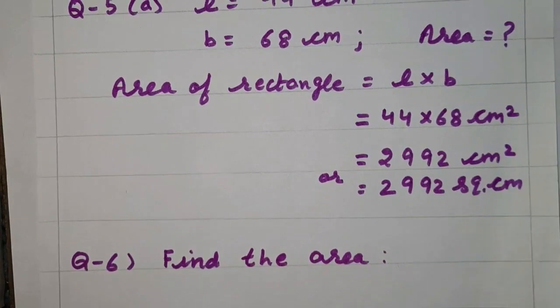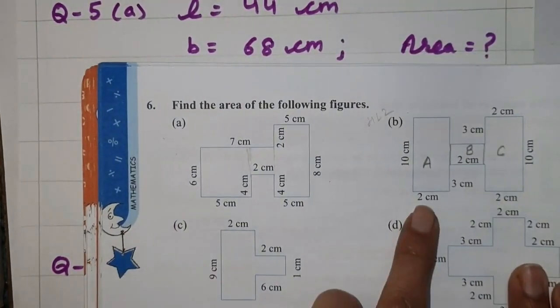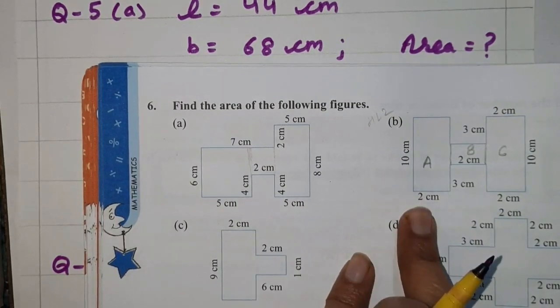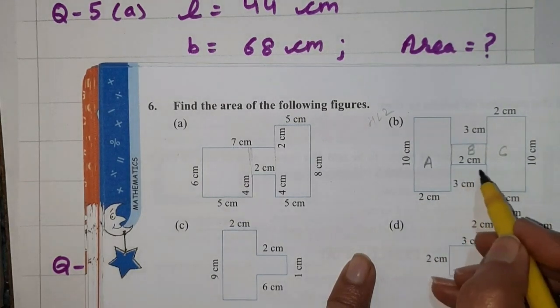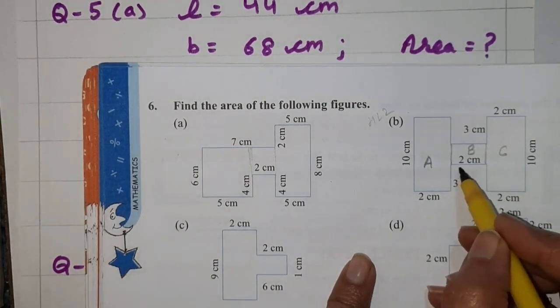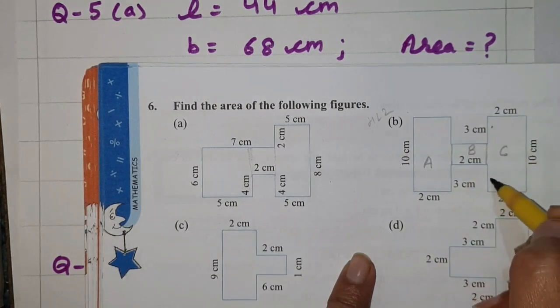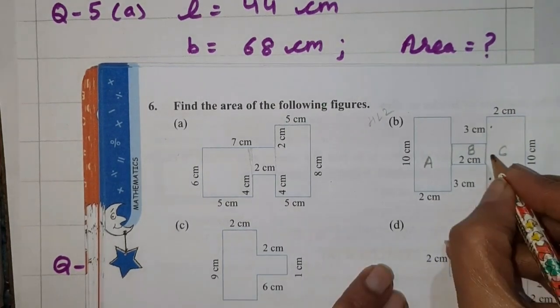The figure is given to you. Now see, in first rectangle, length is 10 centimeter and breadth is 2 centimeter. Okay. Second rectangle, length is 2 centimeter here and breadth is, check here, 3 and 3, 6. What is the breadth now? 4 centimeter.